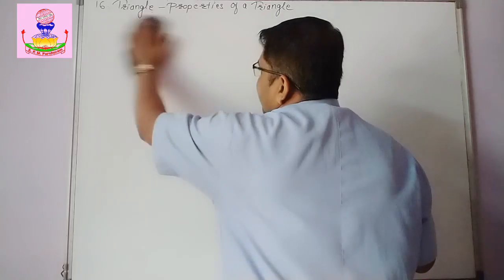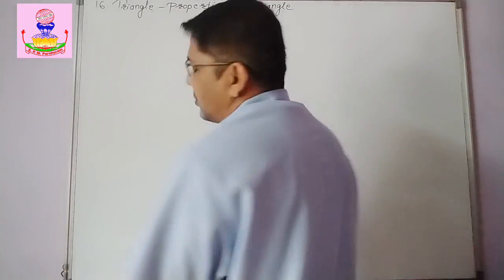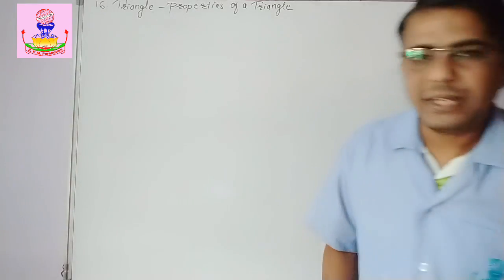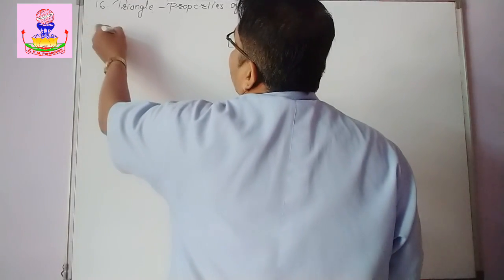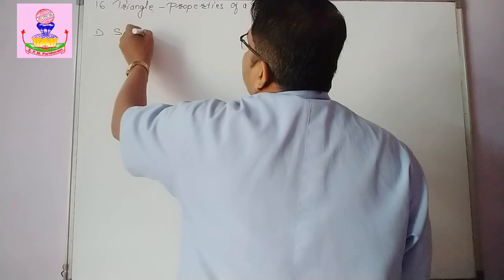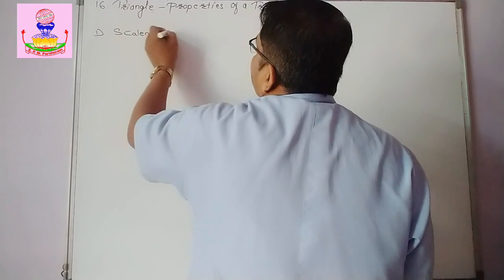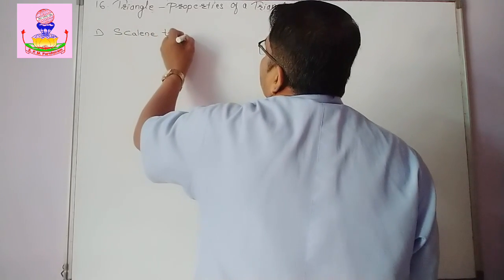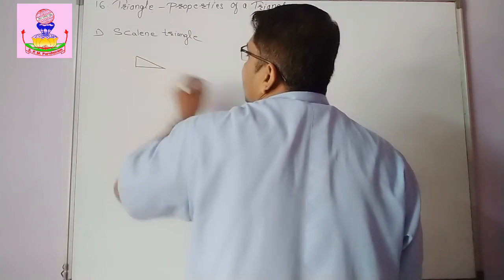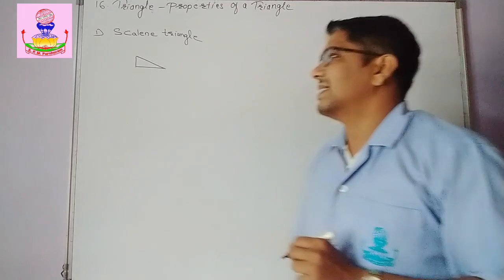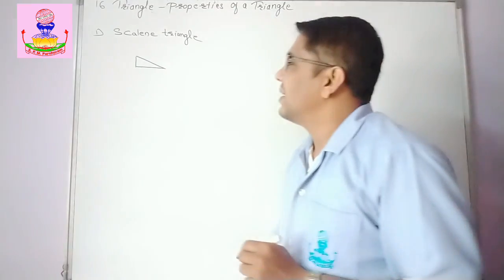Now, types of triangles based on the sides. On the basis of sides, triangles can be classified again into three types. One, when none of the sides is congruent, they are called scalene triangles. Each side is of a different measure. This is a scalene triangle.